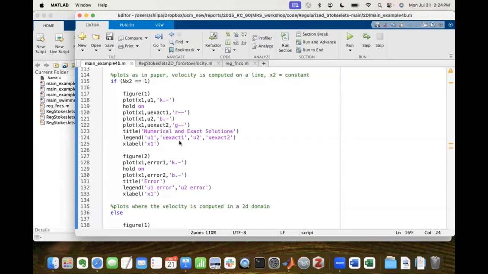Other questions? Yes. Can you go back to how you go from the force density to force? Yeah.